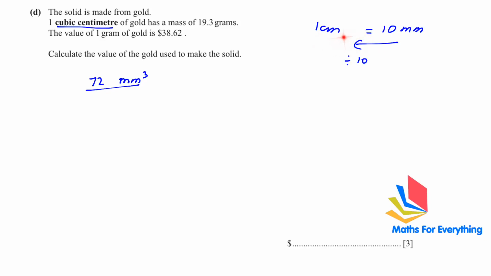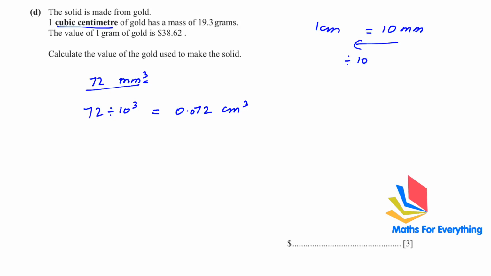So here we know that 1 centimeter is 10 millimeters, so we are going to divide by 10. 72 divide by 10. But it is cubic, so we are going to divide by 10 to the power of 3. And that will give us 0.072 cubic centimeter. So we converted the cubic millimeter into cubic centimeter.